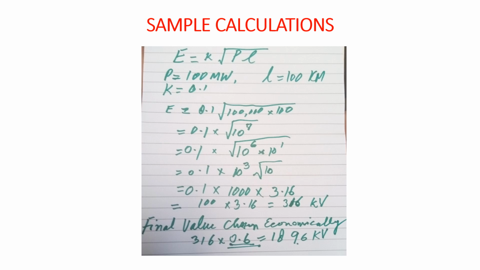So this voltage may not be sufficient. This is my commentary: you have to look into the utility company, the local regulations, the right of way, etc. before selecting voltage. It is not only your load and your length of line which govern the system voltage. This formula gives you only a rough indication.